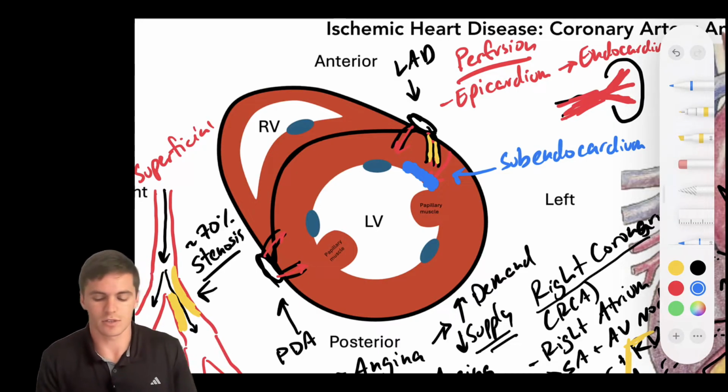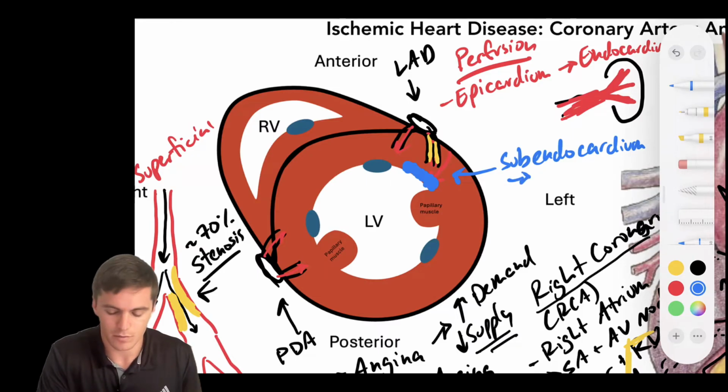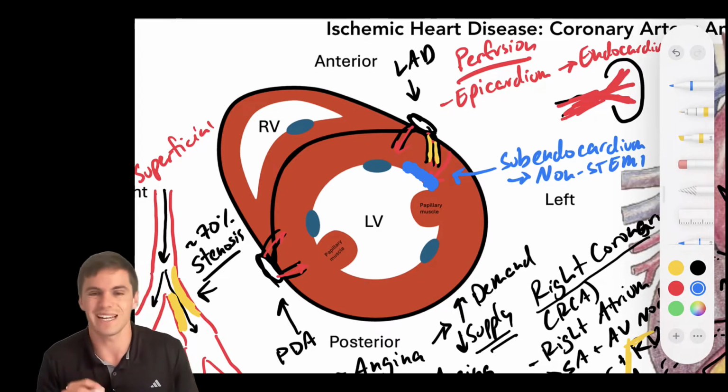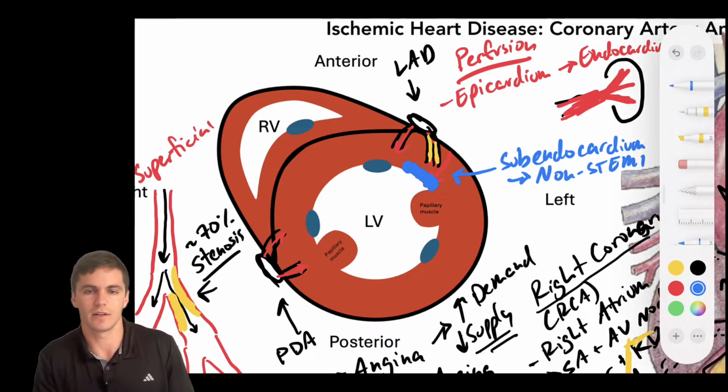Oftentimes you'll see subendocardial ischemia represented by a non-ST segment elevation myocardial infarction, or an NSTEMI, because subendocardial ischemia doesn't produce ST segment elevation. It just doesn't. And we're going to talk about that mechanism in a second.